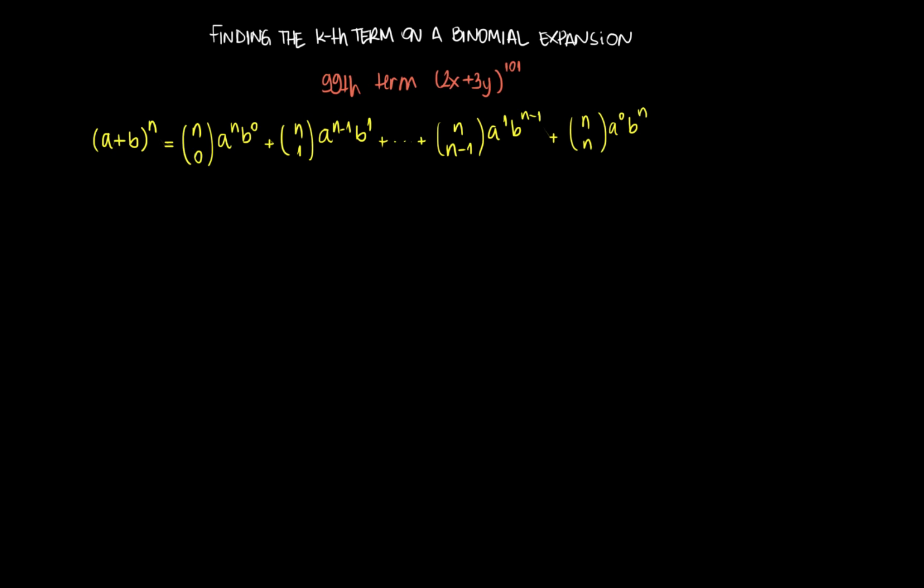We know that b to the power of 0 and a to the power of 0 are both 1, so we could have omitted them.